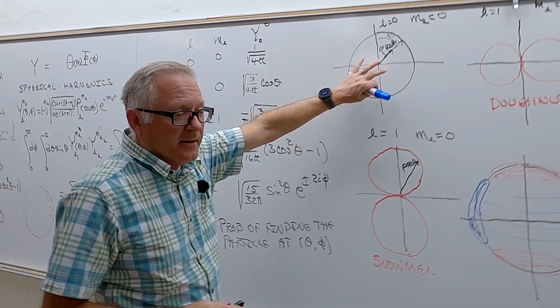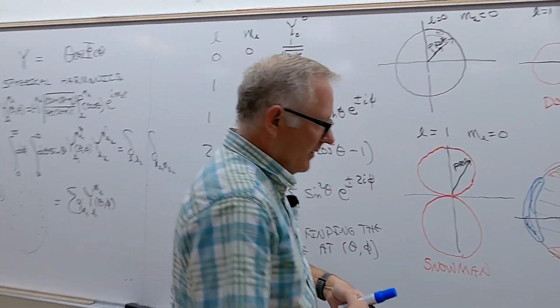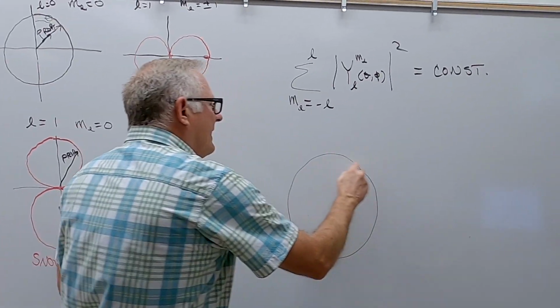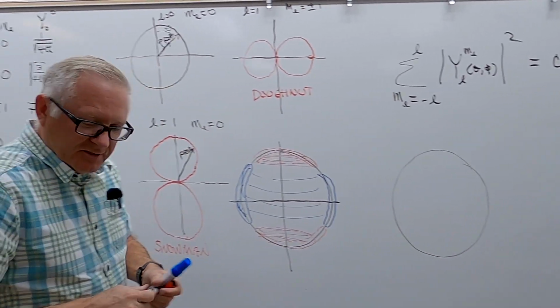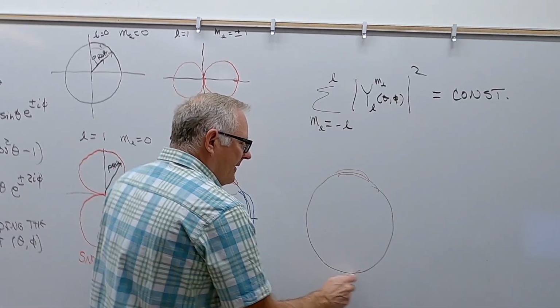We got the sphere. So when you pick one of these high cases right here, where you have, say, L equals 5 or L equals 6, well, one of them will be peaking over here.